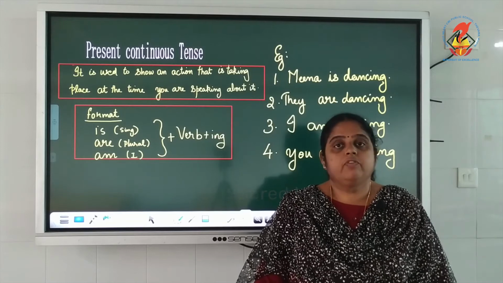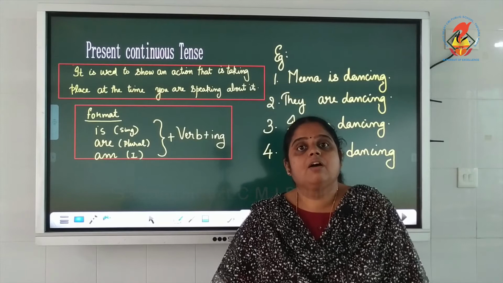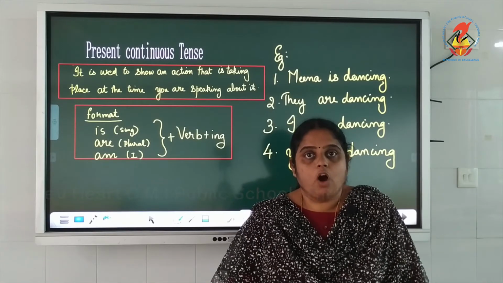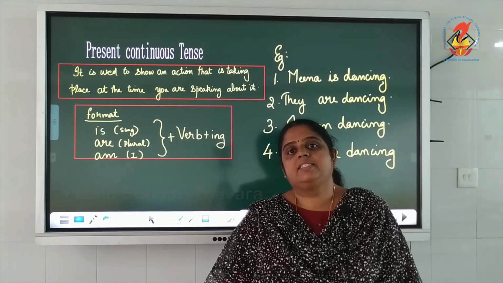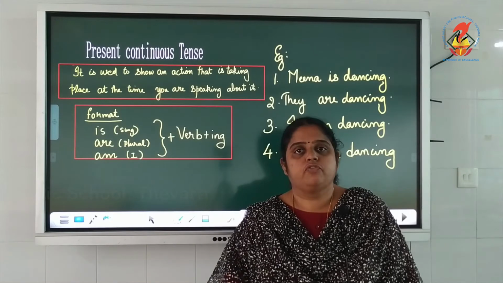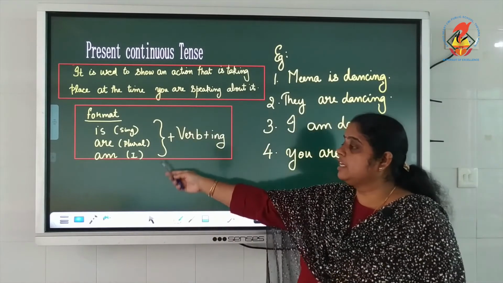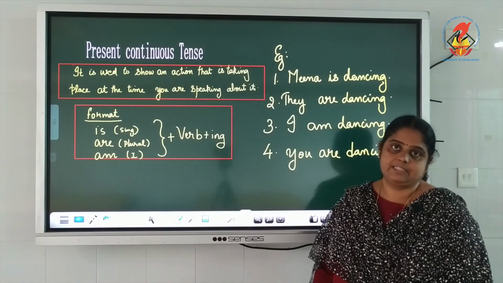For example, if it is write, it is write plus ing, writing. Walking, talking, jumping, all these are verb plus ing form. We are adding ing to the verb. So that is present continuous tense. It will be more clear when you look at the examples.